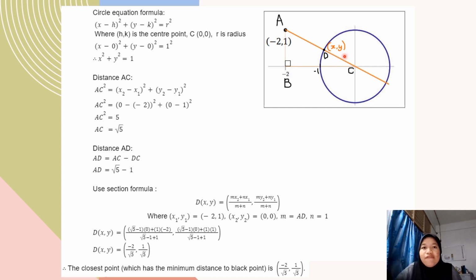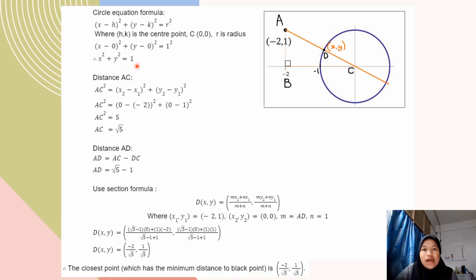Firstly, we have to find the circle equation using the formula below: (x minus h) squared plus (y minus k) squared equals r squared, where h and k are the center, which in this case is C with coordinates (0, 0), and r is the radius, which is 1.